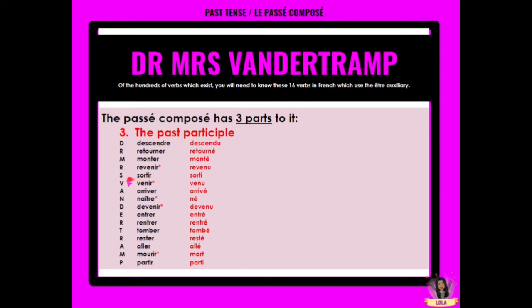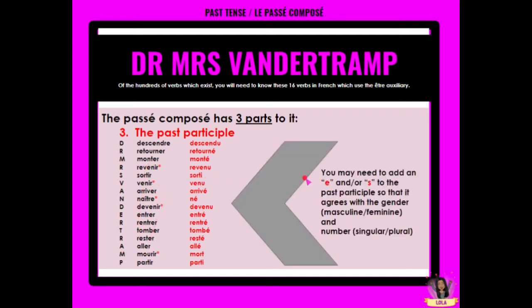And then we have an IR verb here, sortir, S for sortir, and the IR changes to I. And we can see the irregular verbs here. There are 5 of them, 1, 2, 3, 4, and 5. So in total, there are 16 verbs, and you need to memorize it. So you'd have to remember that D is either descendre or devenir. M would be either monter or it would be mourir, and so on and so forth.